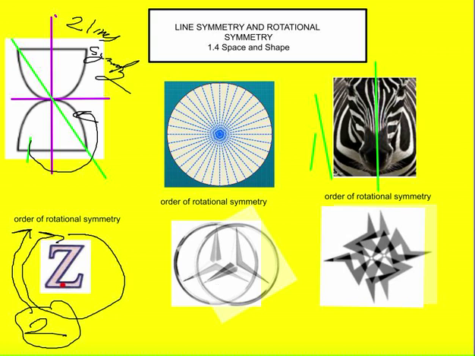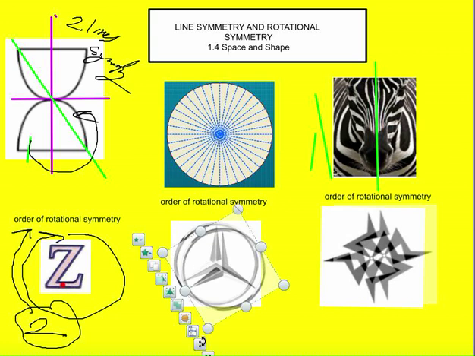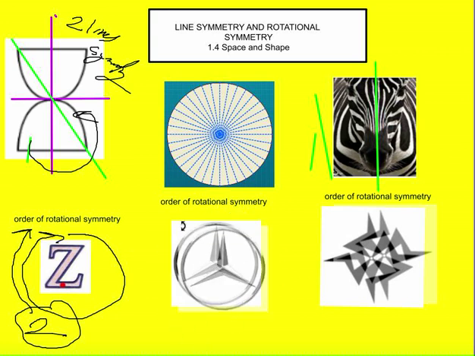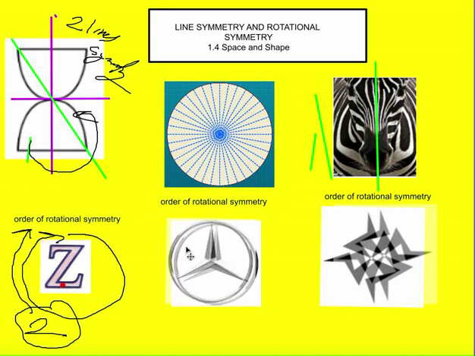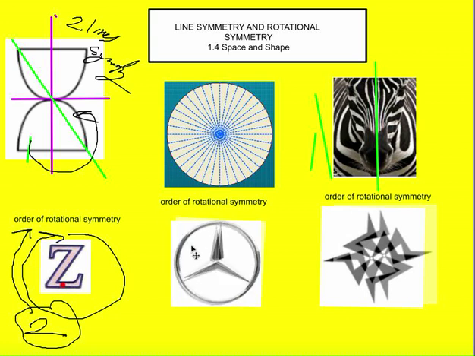Let's look at the Mercedes sign. Here we have a Mercedes sign. I made a duplicate of that, with the darker part up like this. Okay, so we have this shape. As I align it here and now rotate it, we have 1, 2, 3.